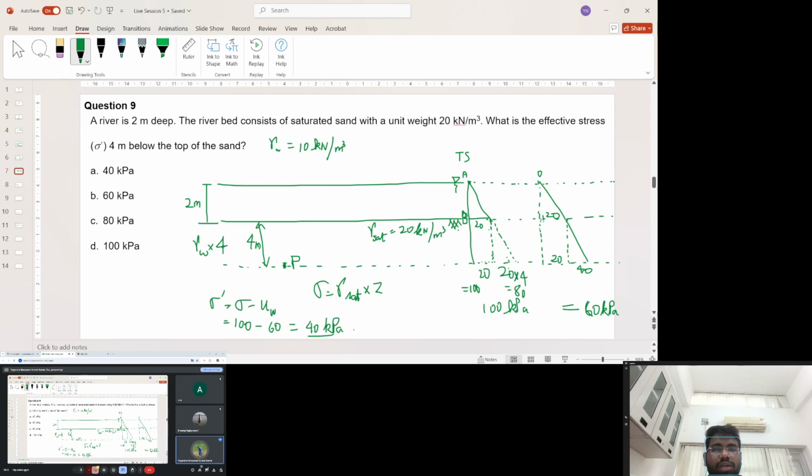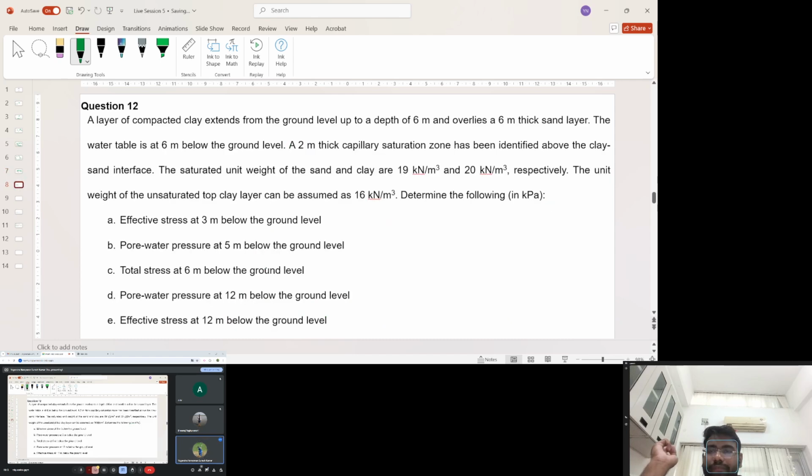This is devoid of porous media, and hence this water pressure also acts on the soil layer beneath it. So that is why in the case of total stress you take this into consideration. All right, so it will be A. So moving to the next question.